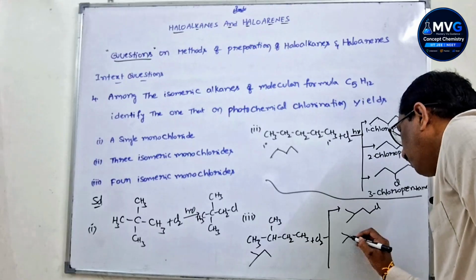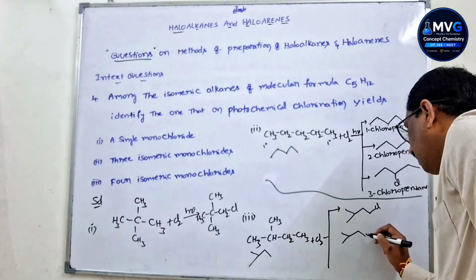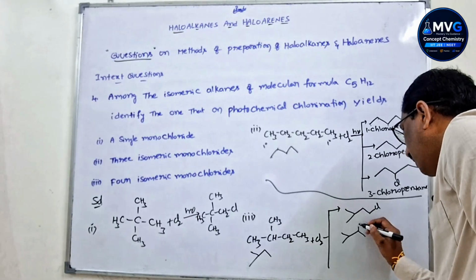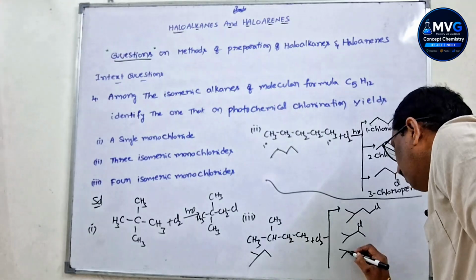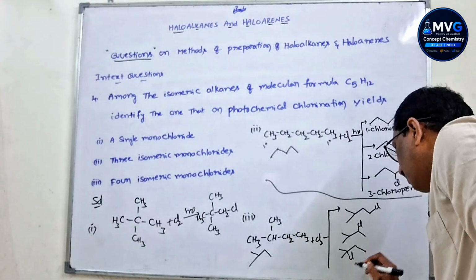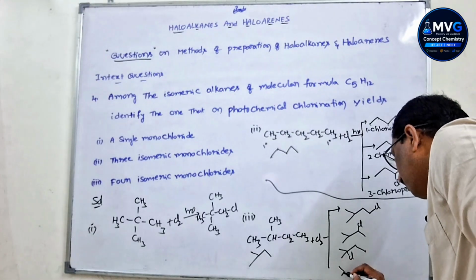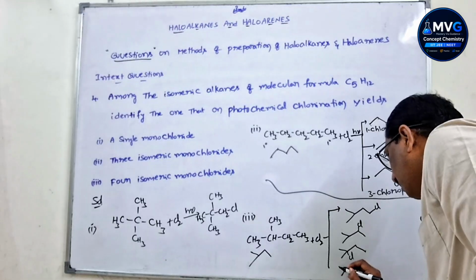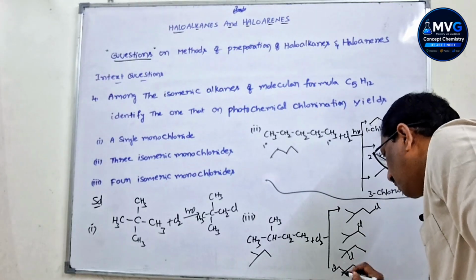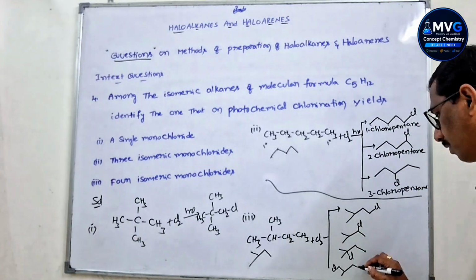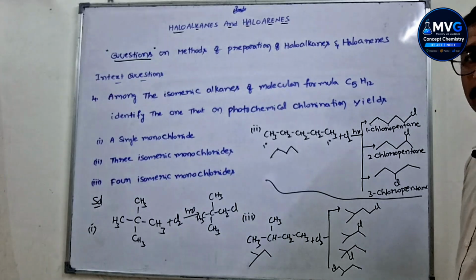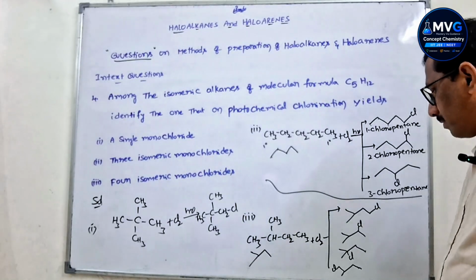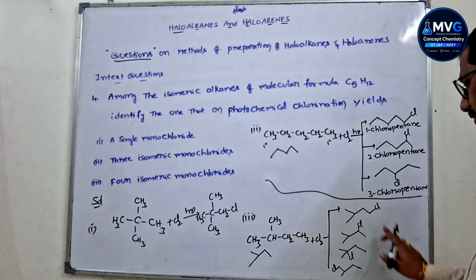Second one, students, here chlorine we can write. Third one, here chlorine we can write. Fourth one, we can write chlorine here, students. See now, 4 products are there, 4 different.